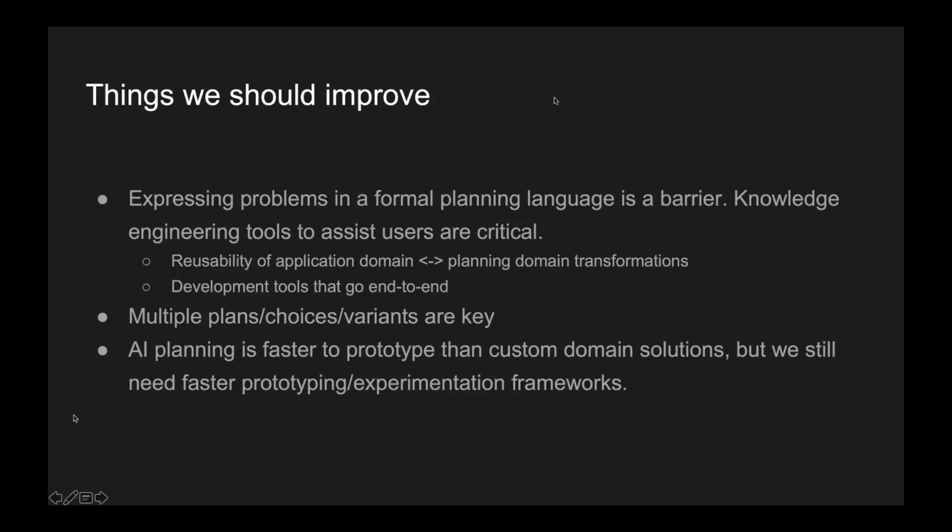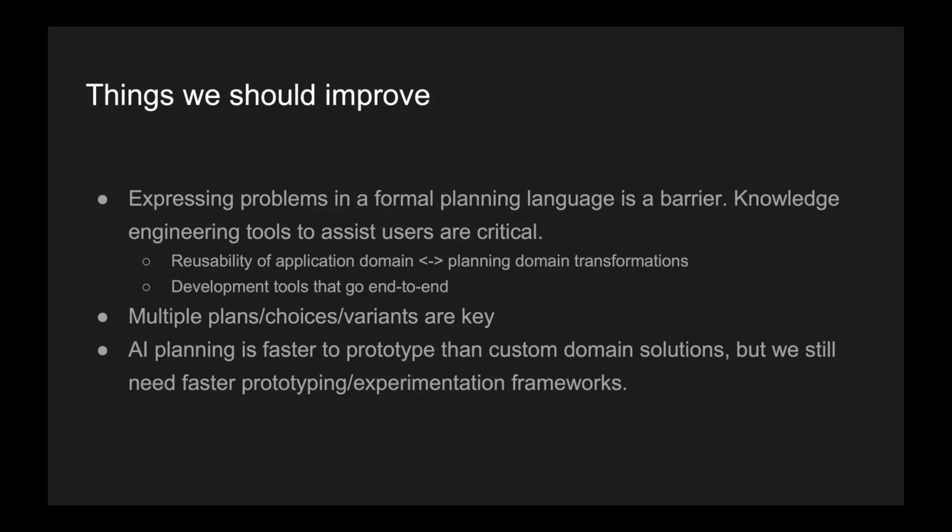So where can things be improved? As I said, I hinted at this not so subtly many times, but expressing the problems in a formal planning language is definitely a barrier for non-experts, right? So we need better knowledge engineering tools that would allow you to declaratively go from the application domain to the planning domain more easily.